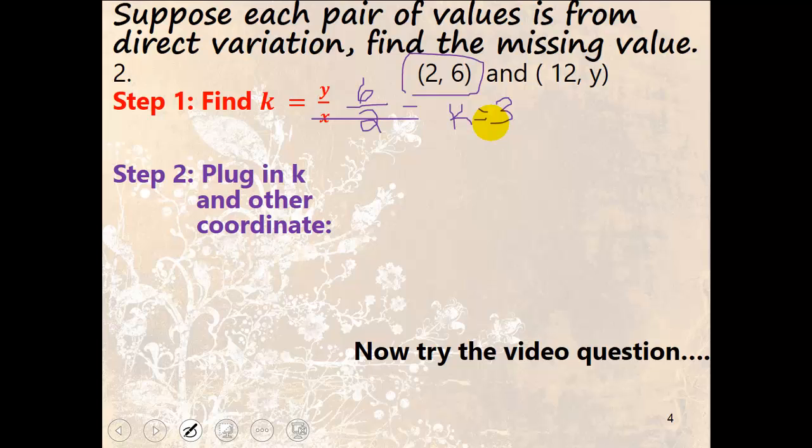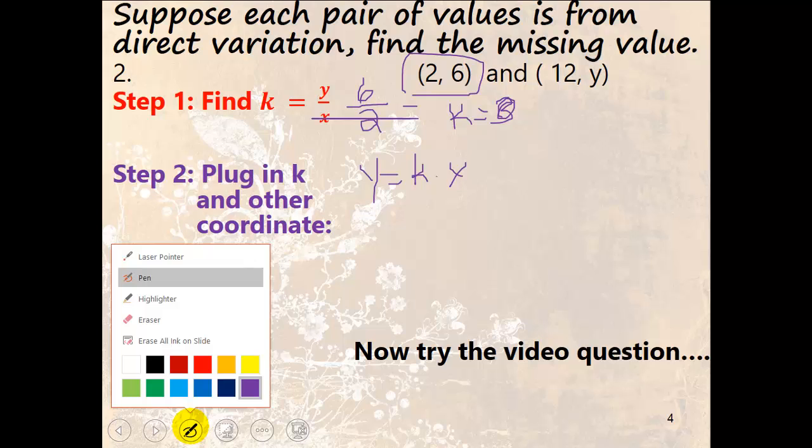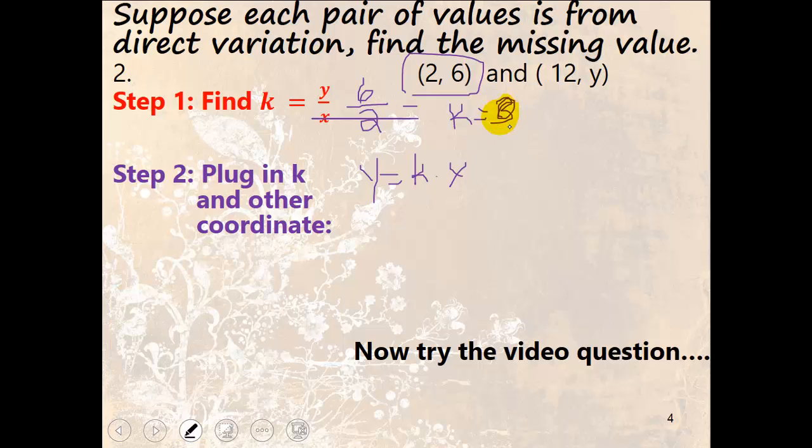Okay, now in order to find this other variable, we're going to use y equals k times x, and we're going to plug in both the k value and the x value.